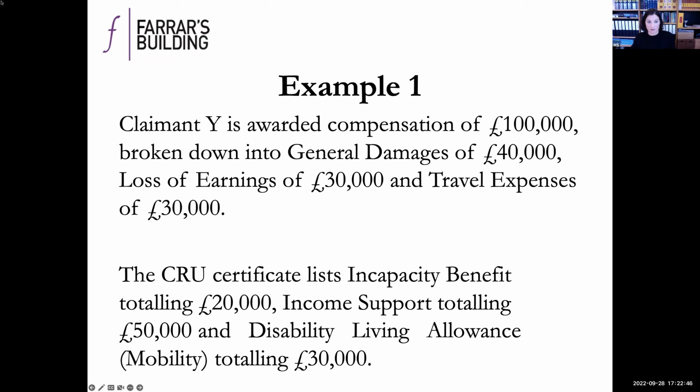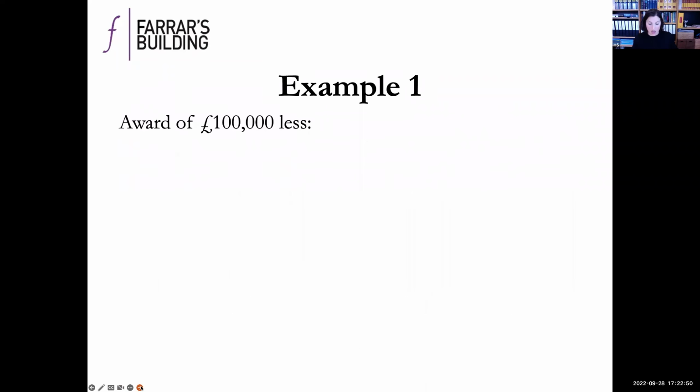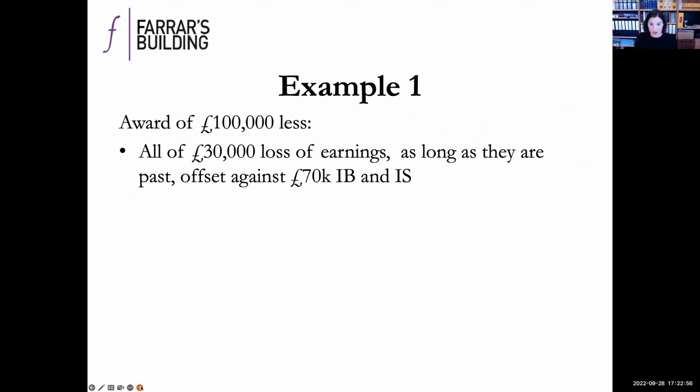So in terms of how that then breaks down, the award of 100,000 less, first of all the 30,000 loss of earnings is offset, as long as they're passed, because there's £70,000 of benefits that can be offset against lost earnings.